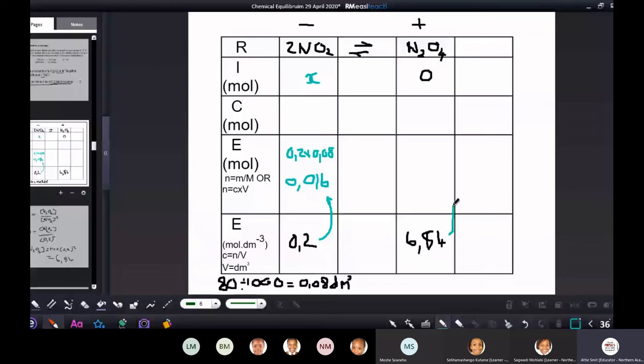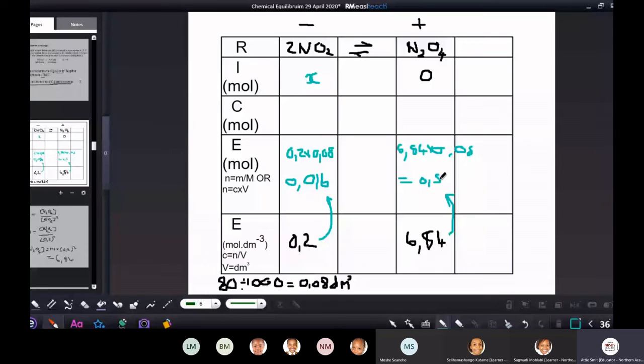So I'm taking 6.84 times 0.08, and we get 0.5472.